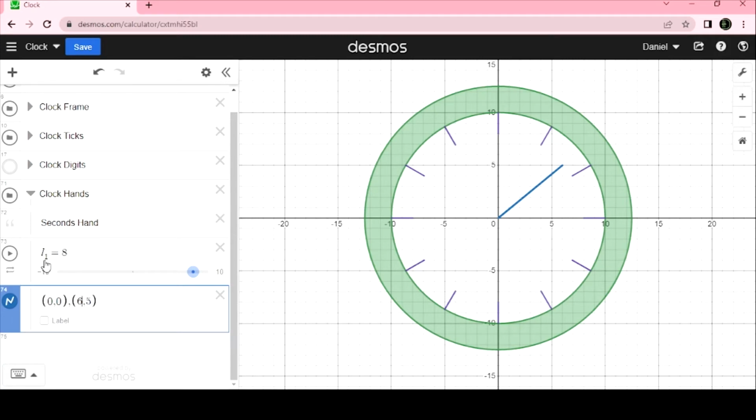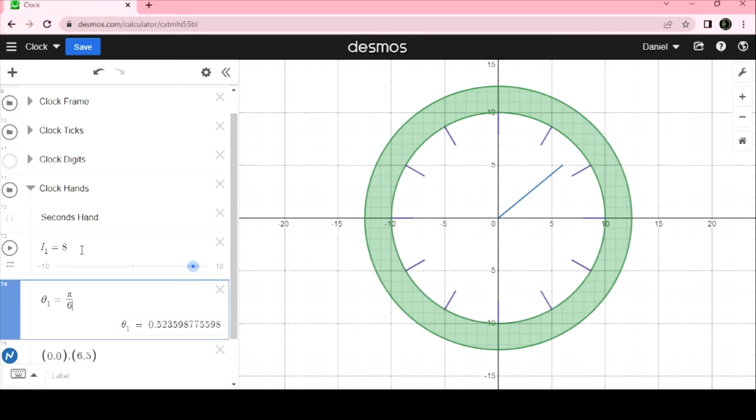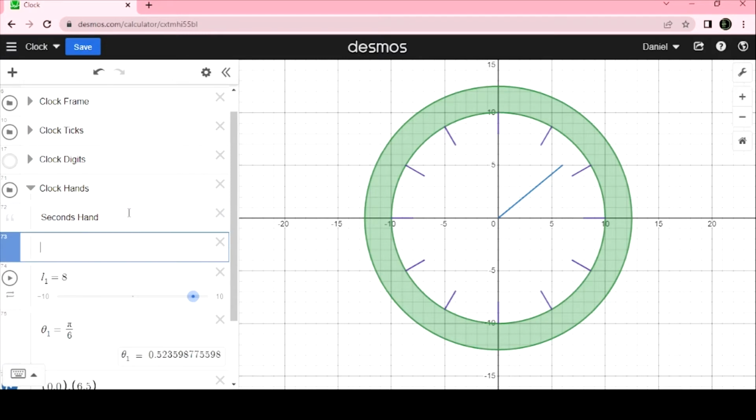And in this case, we need an angle defined as well. These values are in radians. Looking ahead a little bit, it would actually be helpful if we use this in degrees.